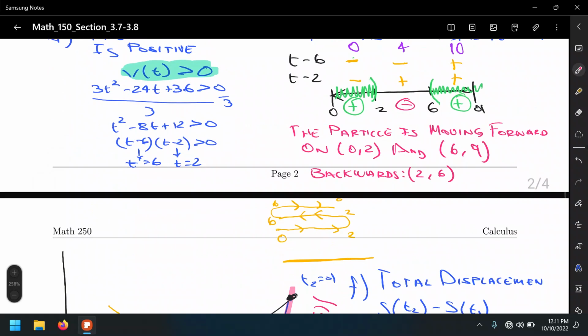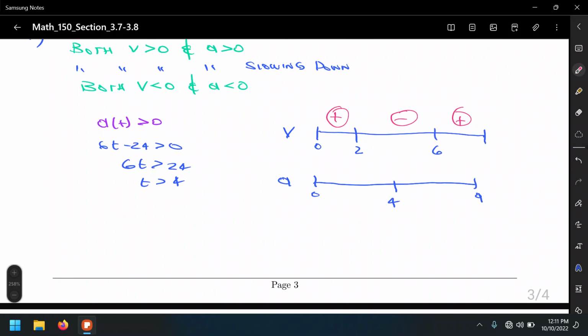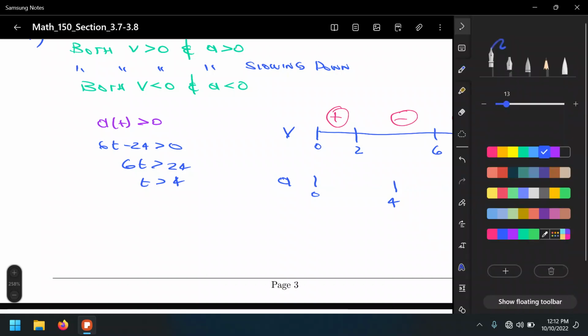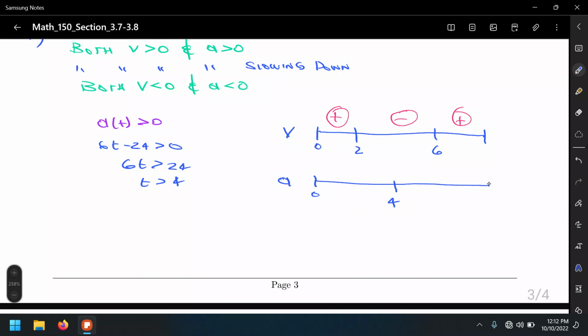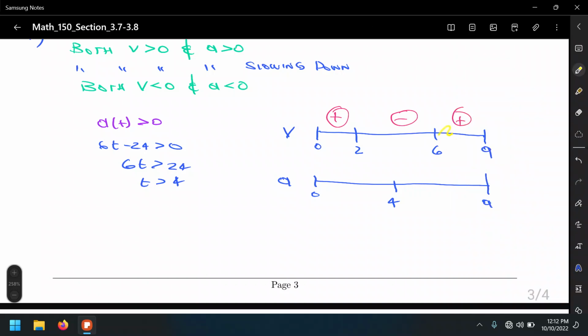So, alright, so in this case we want to know when this particle is speeding up and when it is slowing down. So 0 to 9. So in this case we are going to put together the two inequalities together. In this case, let me extend this 6 to over here.